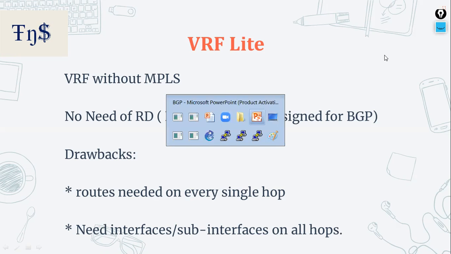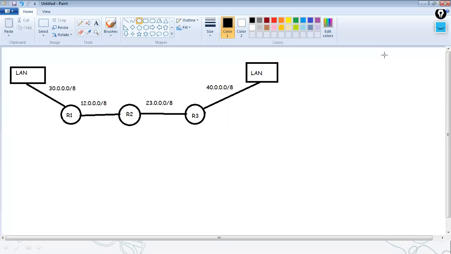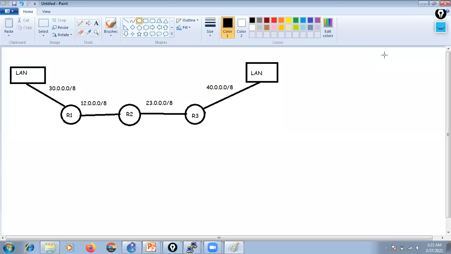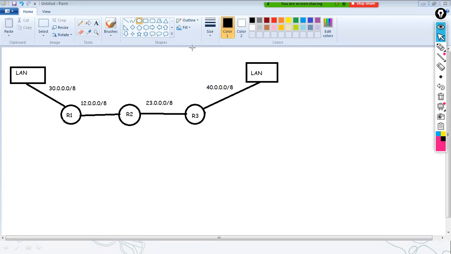Let me open Paint. So this is our small requirement. Let's say this is our organization wherein we have the LAN, and we have some devices, R1, R2, and R3. Now let's say we have one more requirement.